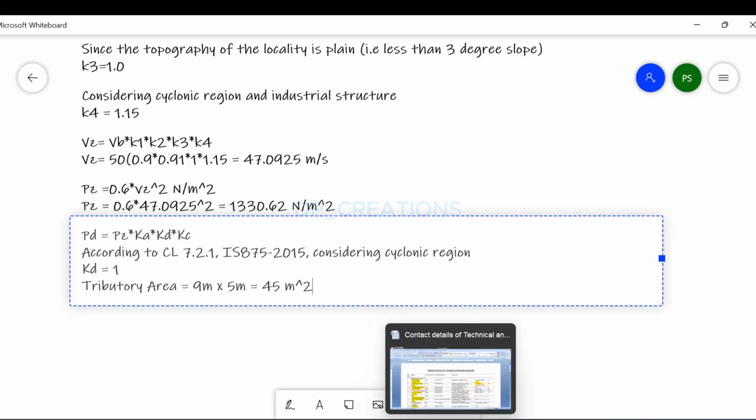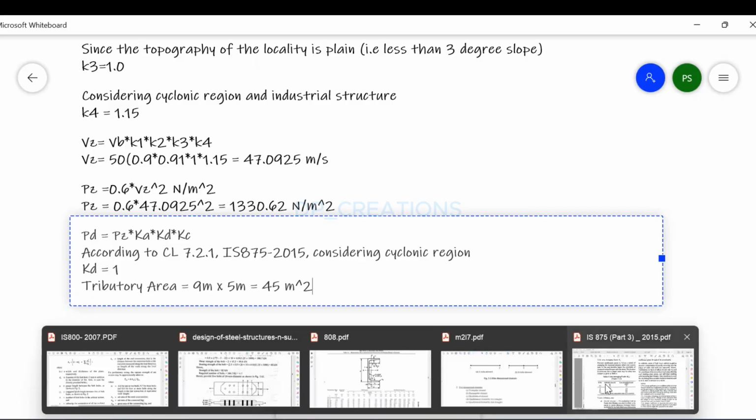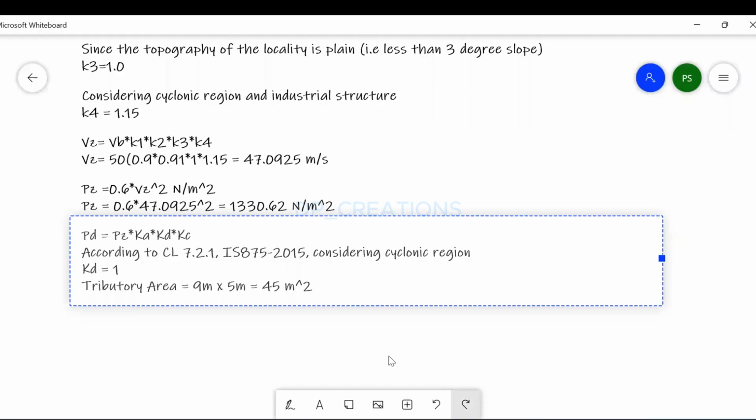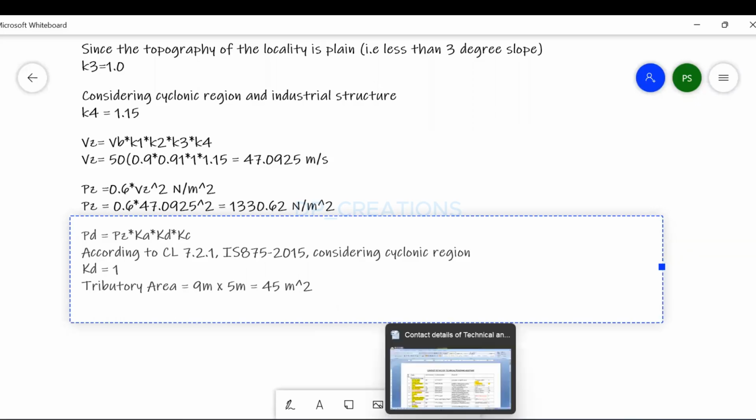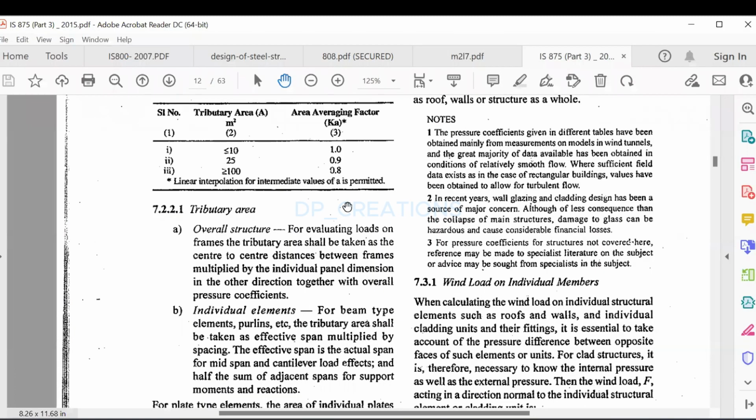Okay, so the clause table number. So here also we'll take 45. For 25 it is 0.9, and for 100 it is 0.8. So you have to interpolate between 0.9 and 0.8.